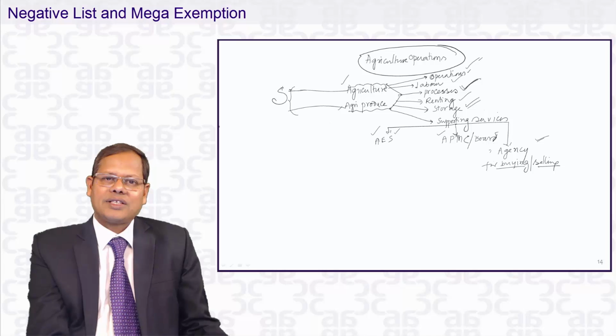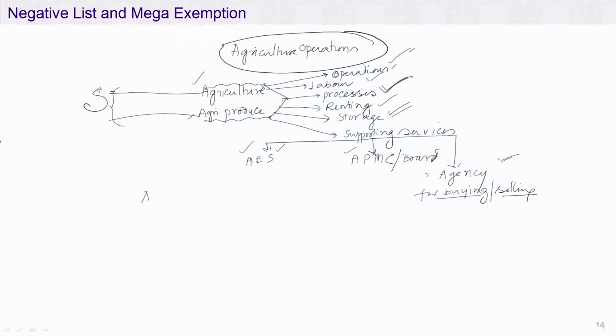Agriculture has two parts. By definition, agriculture means here cultivation of plants, etc. and rearing of animals. See, in this definition particularly, this is a very important part. Rearing of animals.